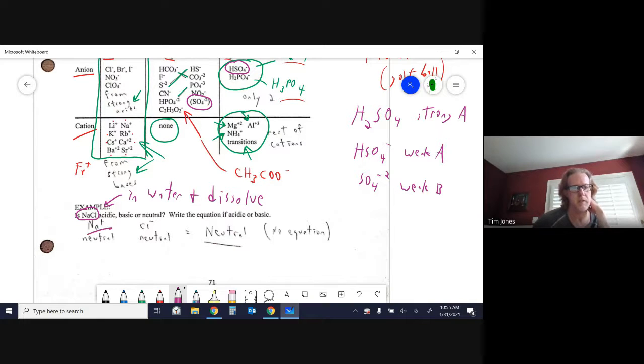Well, Na+, that comes from sodium hydroxide, a strong base, so it's neutral. Cl-, that comes from a strong acid, so that's neutral. So neither of these ions do anything in an acidic or basic way. It's neutral. I said to write the equation if there is something happening, but there's nothing happening here.